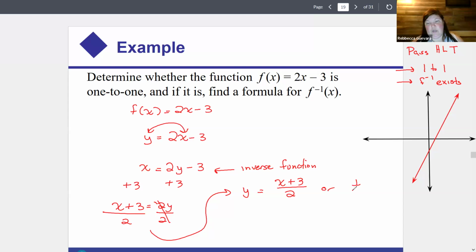Or you could say it's 1/2 x plus 3/2, one or the other. It's the same thing. But what's important is that we were trying to write it as an inverse function. So now we replace that y with f inverse of x.